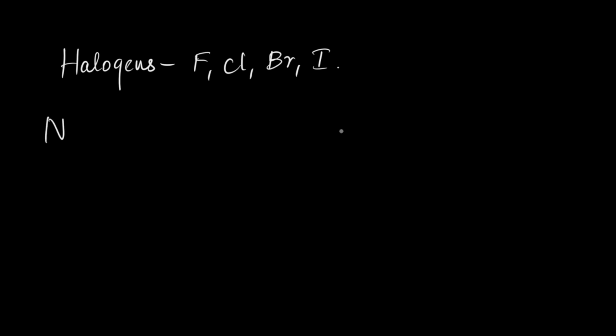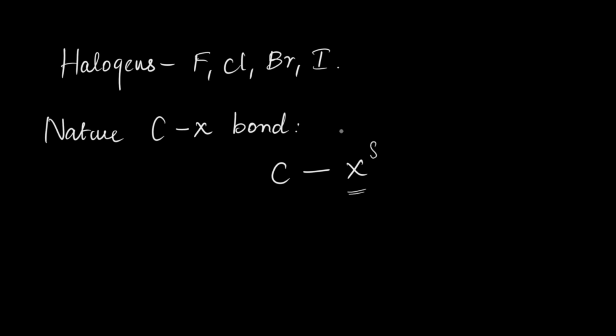Talking about the nature of the C-X bond, when a halogen is forming a bond with an alkyl group, since halogens are more electronegative, the bond becomes polarized. It pulls the electron cloud of carbon towards the halogen, which makes it a polar compound.